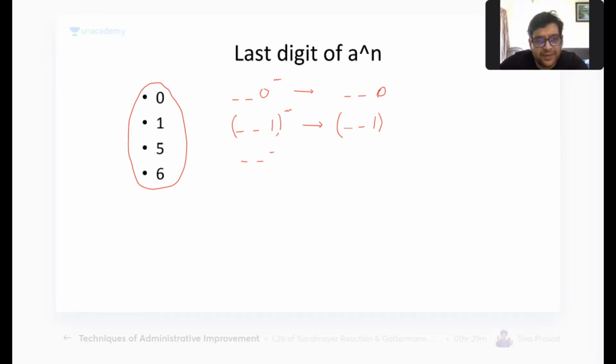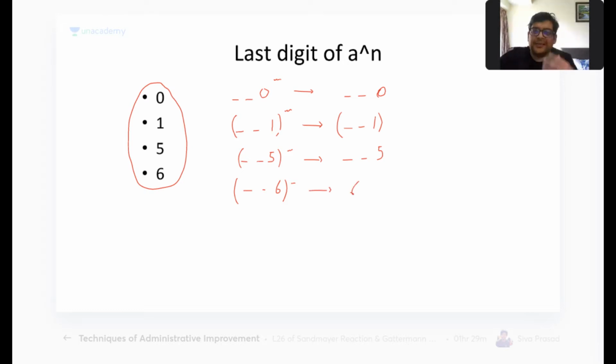Very similarly, if you have a number which is ending in 5, you raise it to any particular power, it does not make a difference. Once again, your end result would be that the number ends in 5 and nothing else is needed. Similarly, for a number which ends in 6, raise it to any power, it will still end in 6.